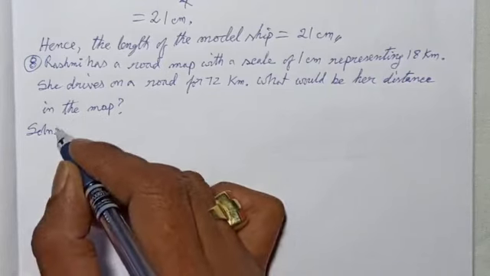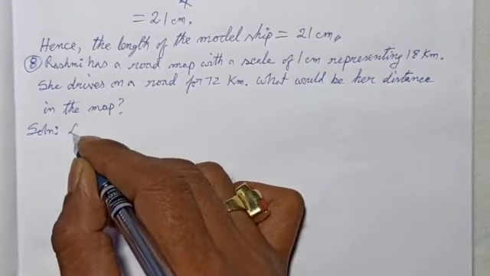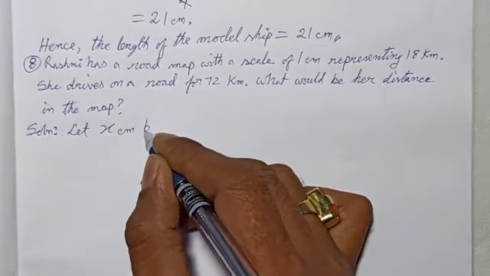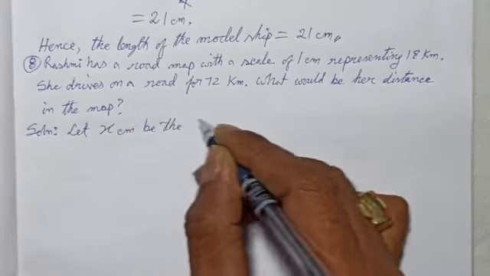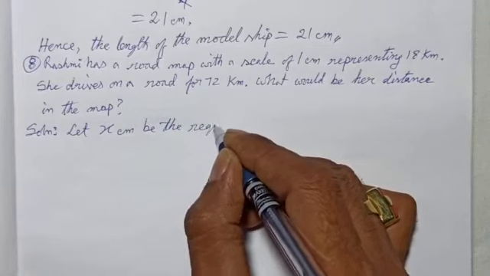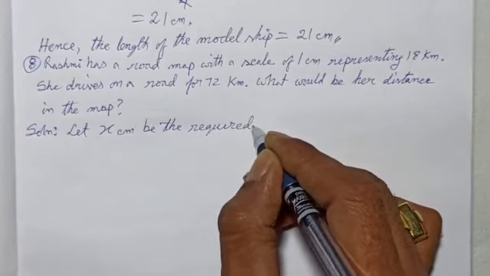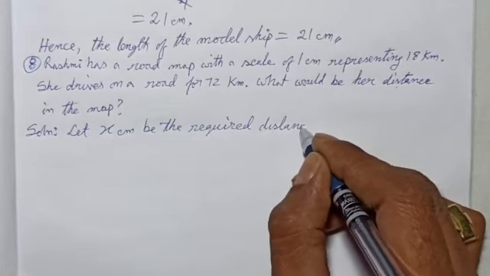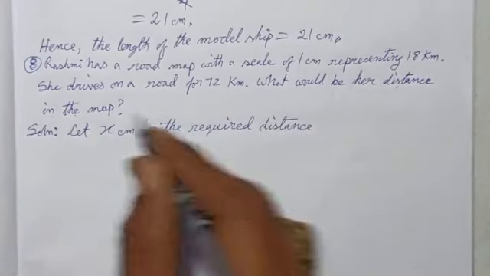So let's take this as x. Let x centimeter be the required distance in the map.